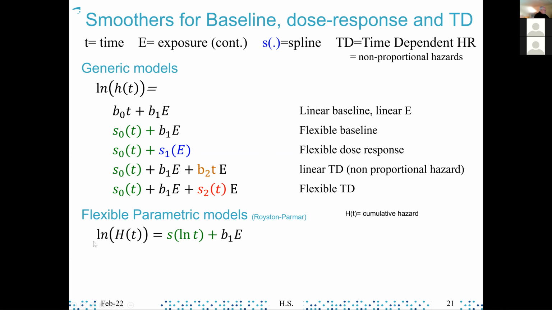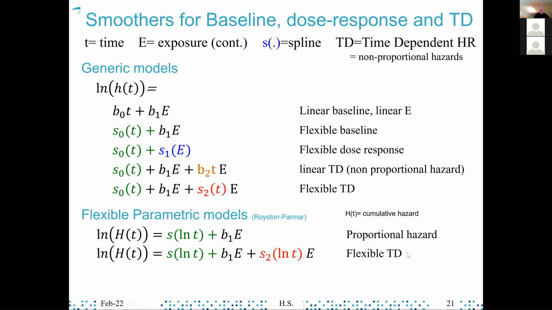And they're saying that the log of the cumulative hazard over time is a baseline function, which is a spline in the log of T, plus a term or a set of terms that are linear combinations of the exposure and covariates in the model. So this is the proportional hazards model. But if we add in an interaction term, and now using a spline in log of t multiplied by e, we get a flexible time-dependent model.